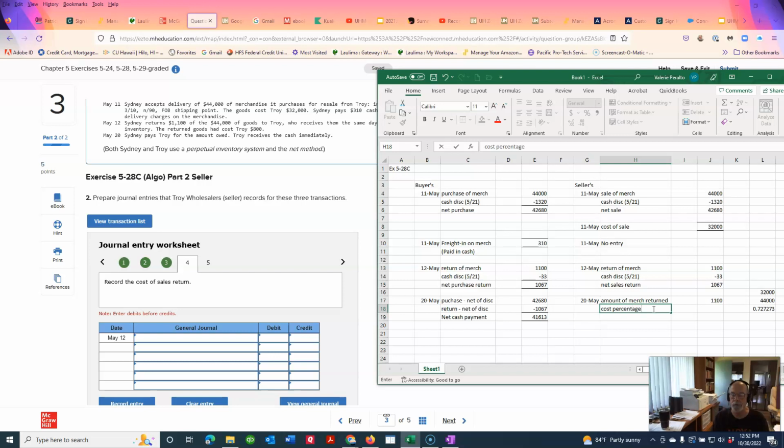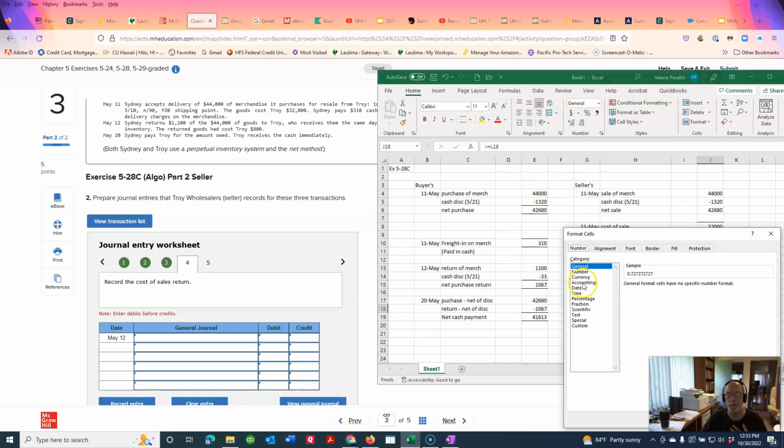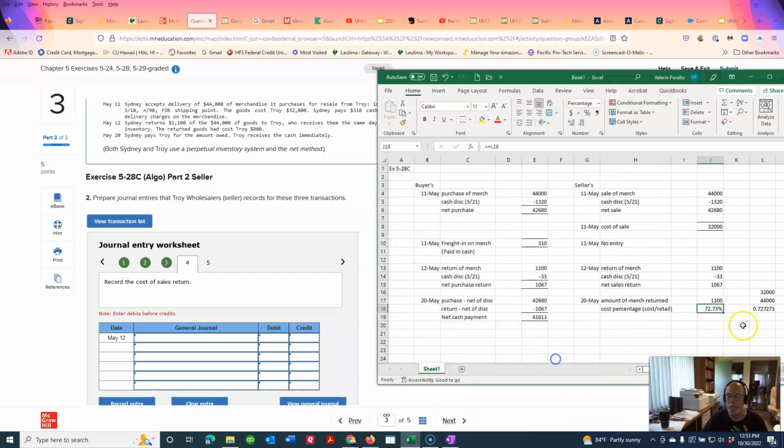Cost percentage, cost over retail. And let's show that as a percentage (72.73%).